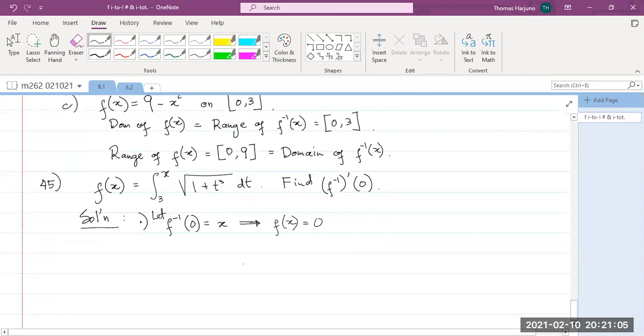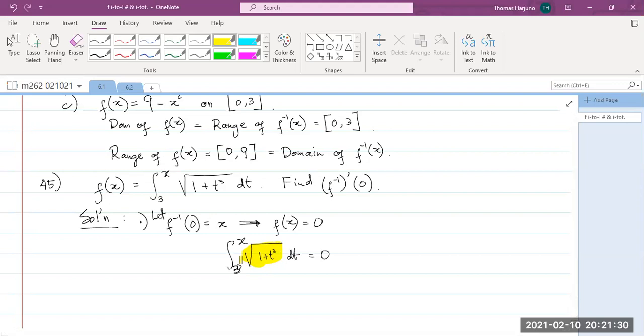Okay, f(x) equals 0. But this also means that the integral from 3 to x of the square root of 1 plus t cubed dt equals 0. Now notice that the integrand is non-negative. It's the square root of something, right? So the area under the curve cannot be negative, agree?